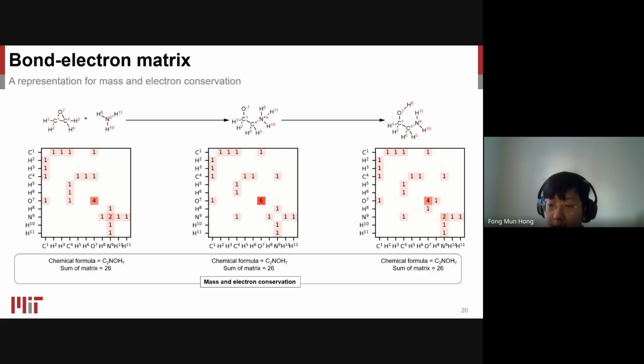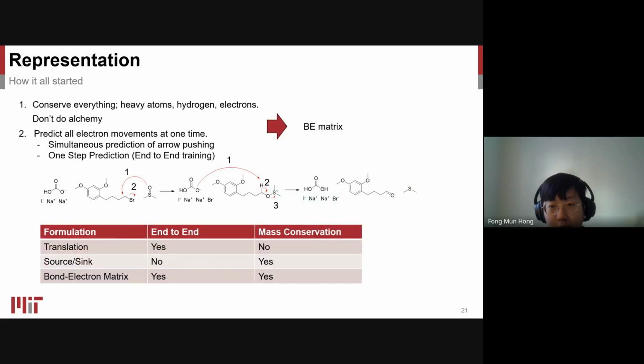Cool. So I can see the sum of the matrix, which is the electrons, is also equally conserved at the same time with the atoms too. So with the B matrix formulation, we are able to formulate things end to end, with mass conservation.